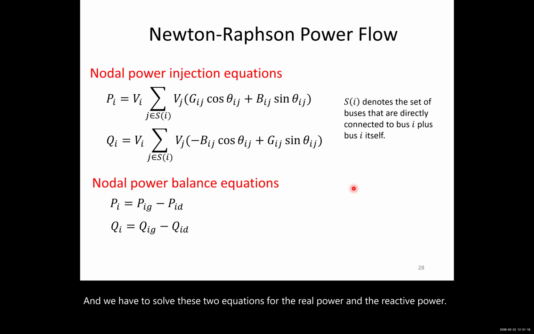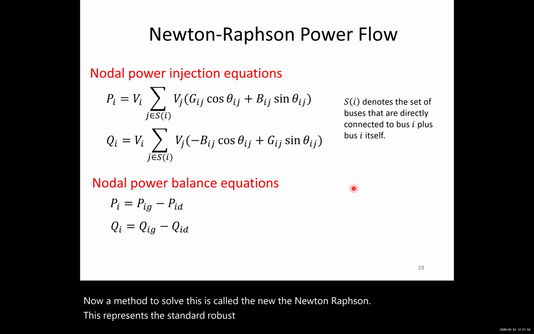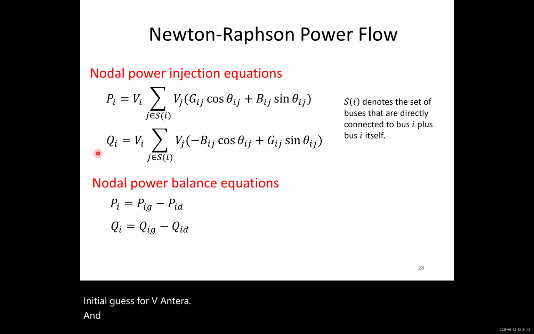Now, a method to solve this is called the Newton-Raphson method, and this represents the standard robust method for AC power flows. We start with an initial guess for V and theta, and we compute P and Q using that initial guess.